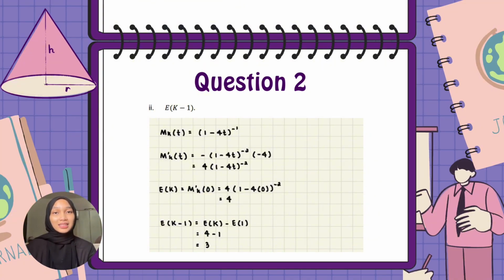So we get the answer 4 for E(K). The question asks us to find E(K) minus 1. So E(K) minus E(1). E(K), as we found just now, is equal to 4, while E(1) is equal to 1. So 4 minus 1 is equal to 3.